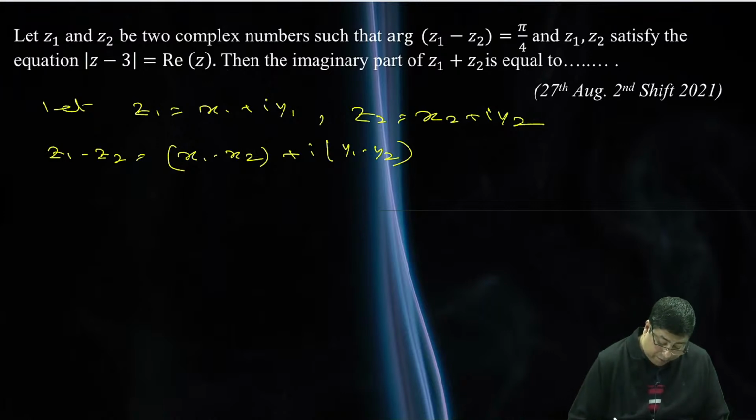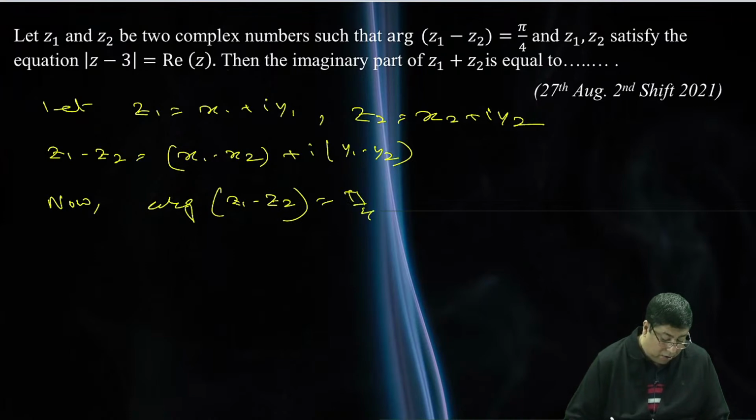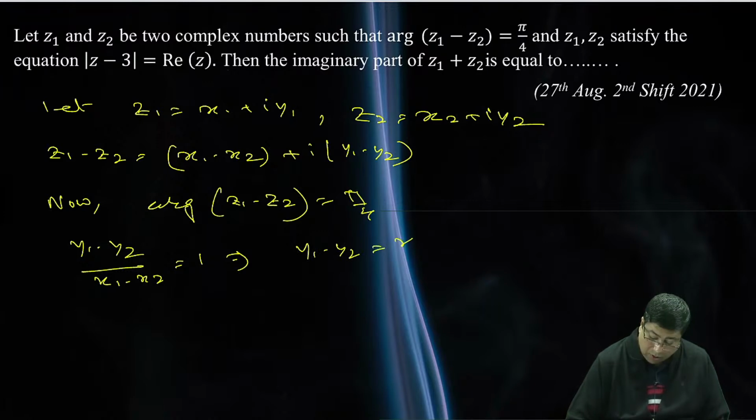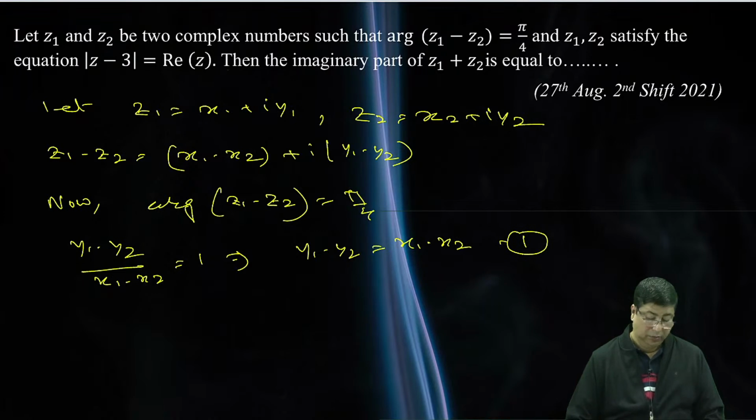So what can be written? We can write argument of z1 minus z2 equal to pi by 4. Therefore, tan inverse of y by x, that is y1 minus y2 by x1 minus x2 equal to 1. So we can say y1 minus y2 equal to x1 minus x2. So this is coming number 1. Okay.